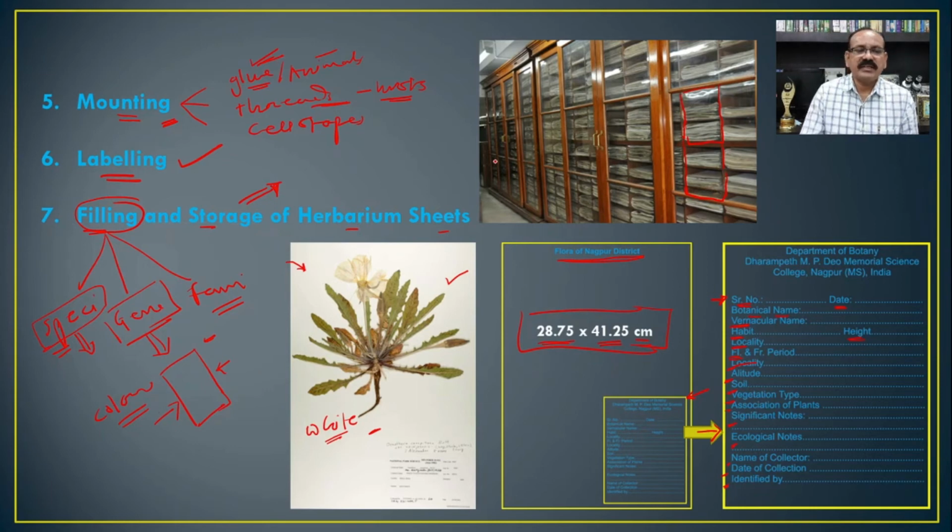During this storage of these pockets or herbarium sheets, we have to use a certain classification. Usually in many floras the Bentham and Hooker system of classification is used, or in some countries the Engler and Prandtl system of classification is followed in the herbariums.